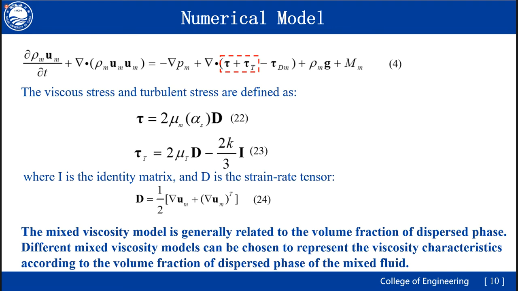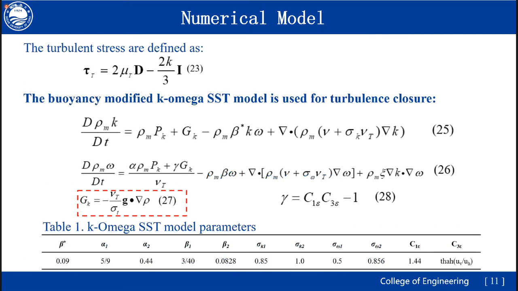For the viscous stress, it is almost related to the sediment concentration, so for different sediment concentration ranges, we need to choose a different viscosity model to calculate this viscous stress. And the turbulence stress is defined as equation 23.